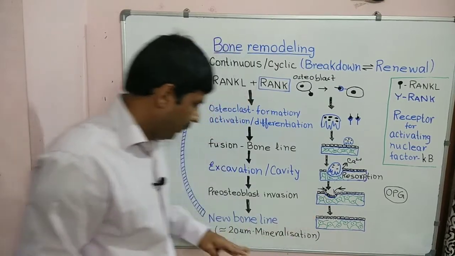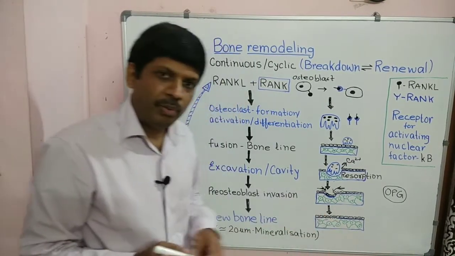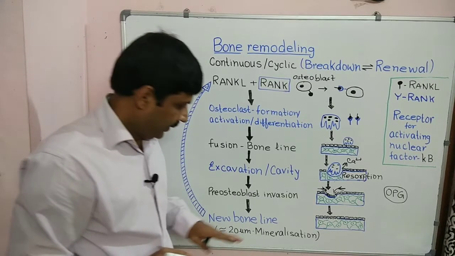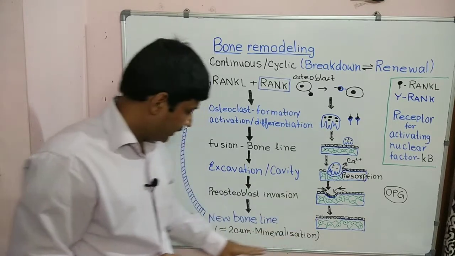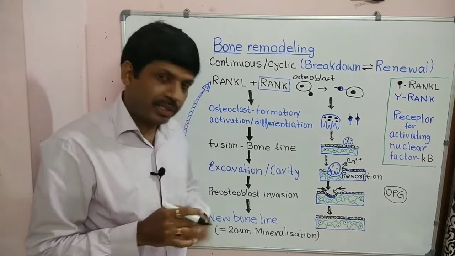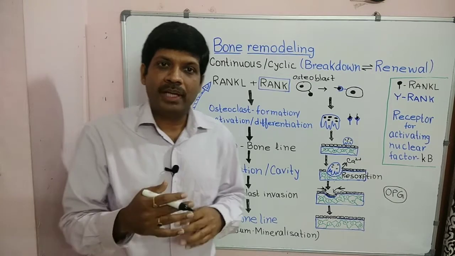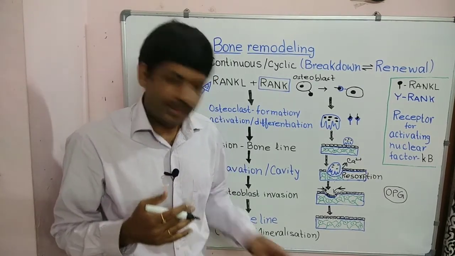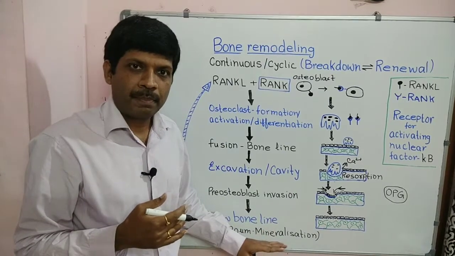And these pre-osteoblasts start forming a new bone lining. So these are the renewal processes. And then when this new bone lining reaches a thickness of 20 micrometers, from there onward mineralization appears, and then the renewal process stops.